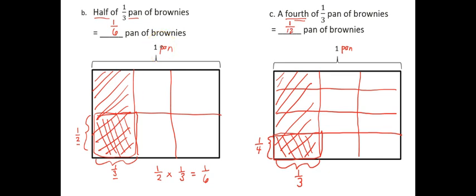And again, the related multiplication problem, 1/4 times 1/3 equals 1/12. These diagrams help explain why when we start with two fractions and we multiply them, we actually end up with a fraction that's smaller than either of the two fractions we had at the start.